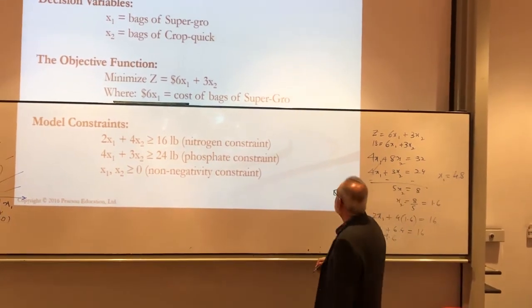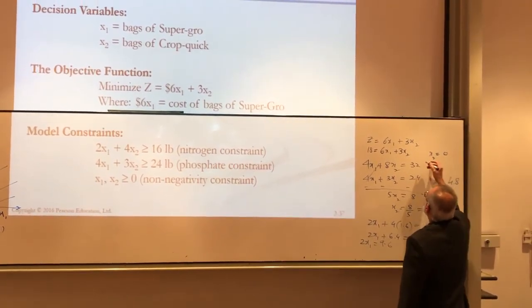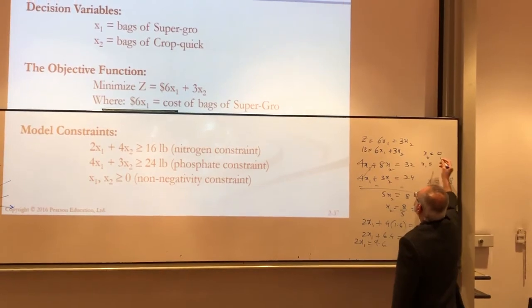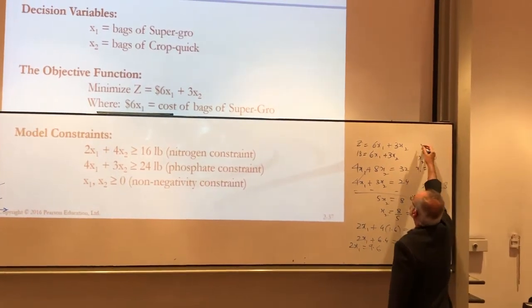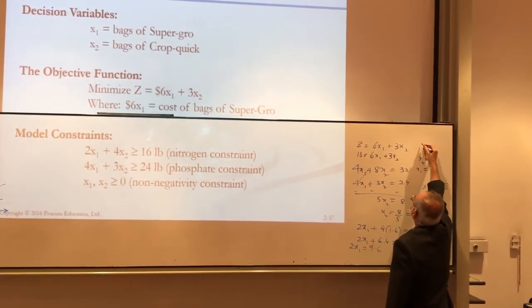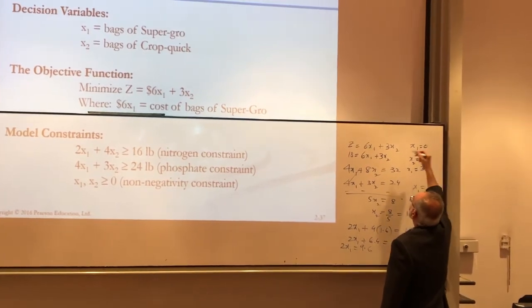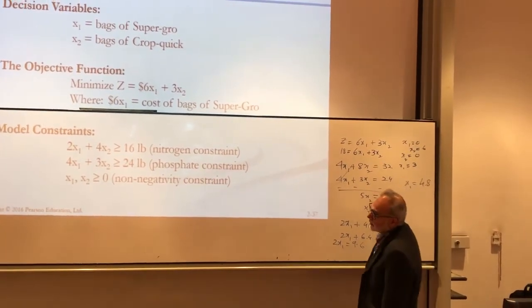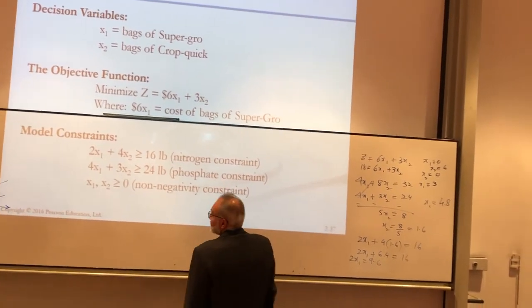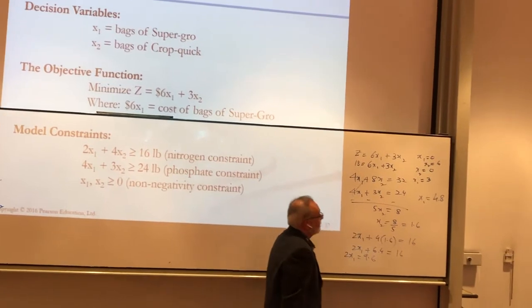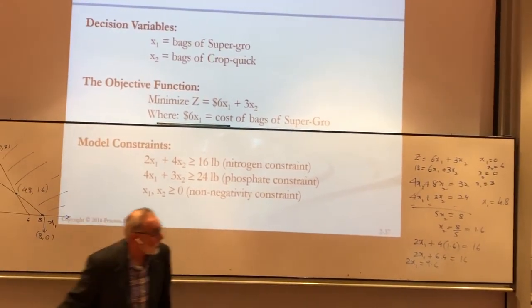If x2 is equal to 0, x1 will be equal to 3, and if x1 is equal to 0, x2 will be equal to 6. So this is not coming in, we have to make it a bit bigger.